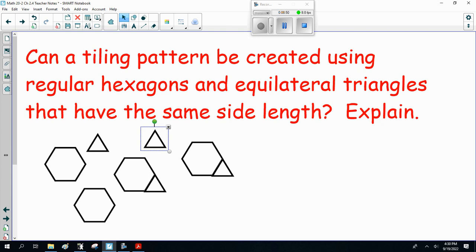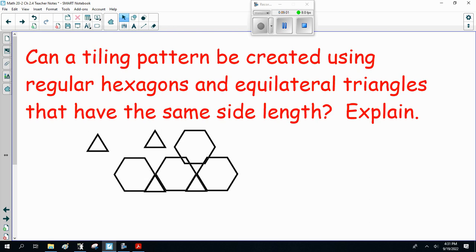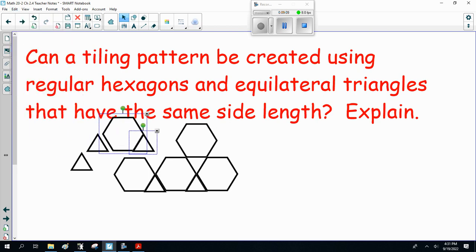Well, I think you can. Same side length. So yes, you can. There we go. So yes.